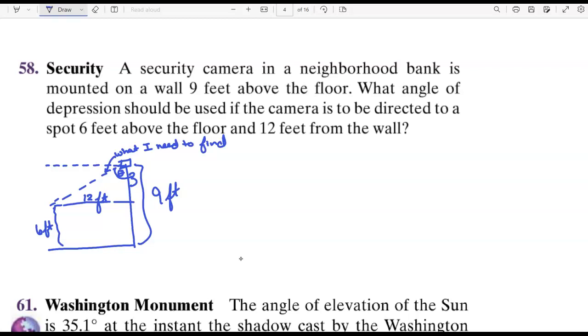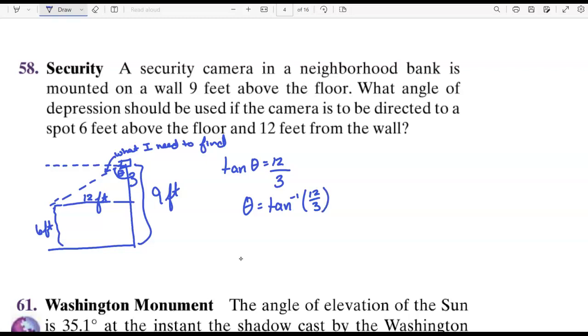So let's find theta. And the trig function that's tying everything together, again, is the tangent. So tangent of theta is equal to opposite over adjacent. And this time I'm going to use inverse tan. And 12 over 3 is 4.